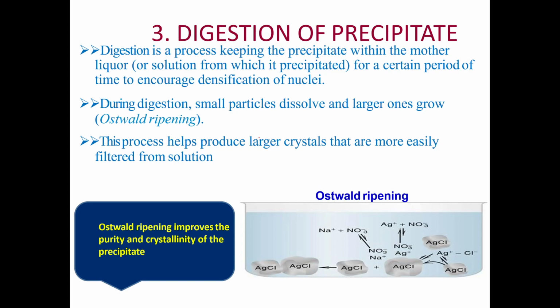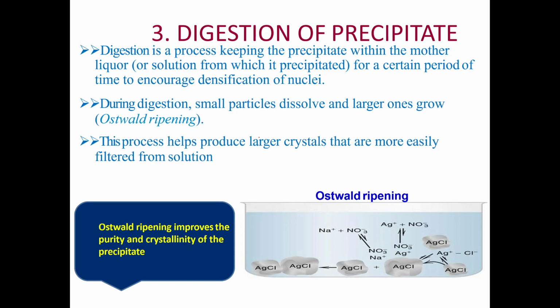During digestion, sometimes the small particles dissolve back into the solution and produce larger particles. This process is called Ostwald ripening. This process helps produce larger particles that are more easily filtered from solution.